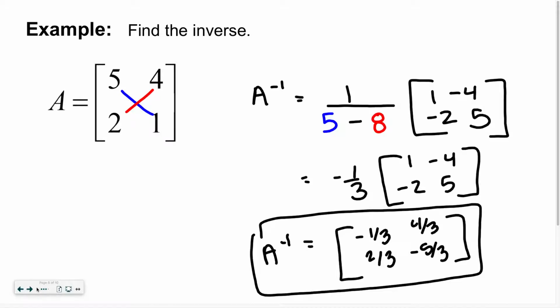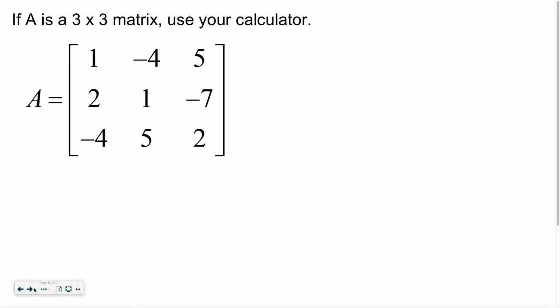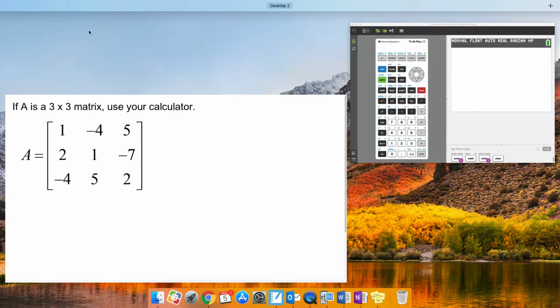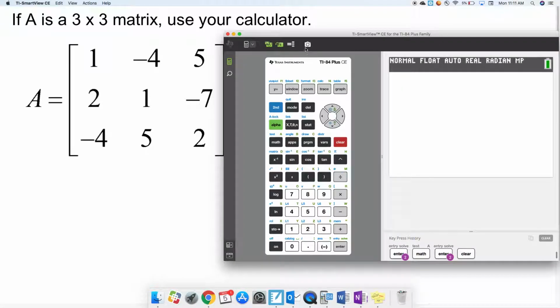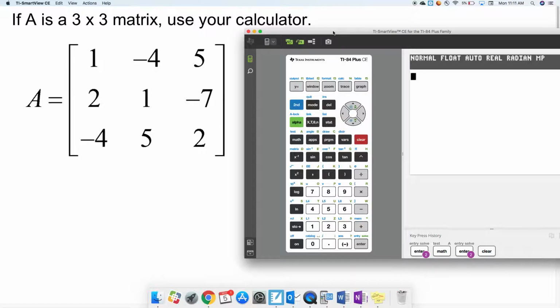Okay, if your matrix is 3 by 3, you're going to use your calculator. So let's everybody get out our calculators and practice this. Of course, you have to begin by typing the matrix into your calculator. So get to your matrix menu.